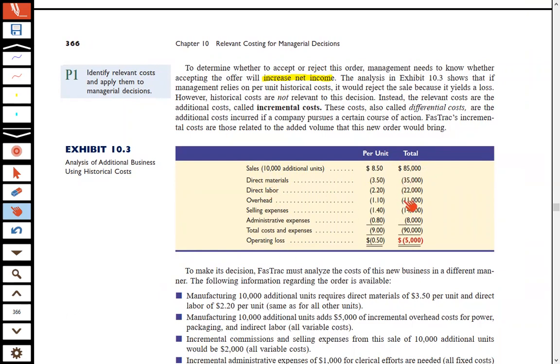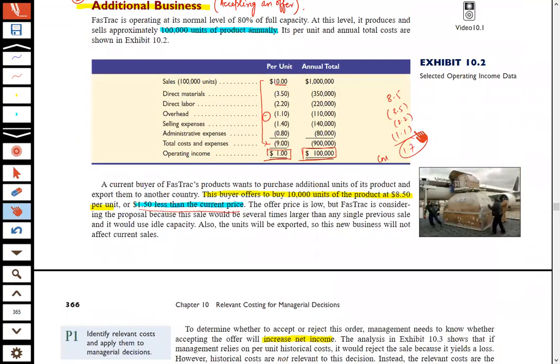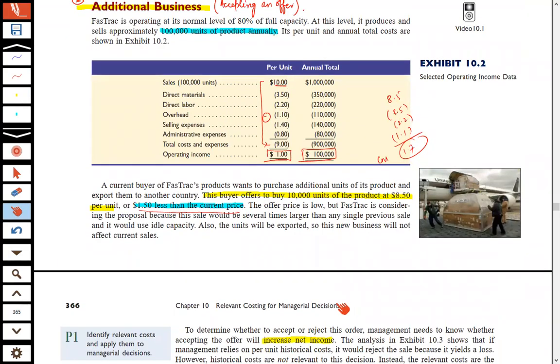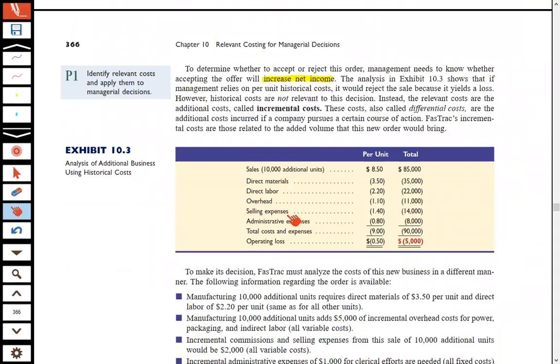Direct material is like this, that we have working of 1.7 of CM, and if it is continued with the selling expenses and administrative expenses, then we can see that from the additional 10,000 units of the offer, we may have suffered a loss of 5,000. Are you getting this working or not? Yes. What is being done here is that all the costs are assumed to be associated with these additional units.